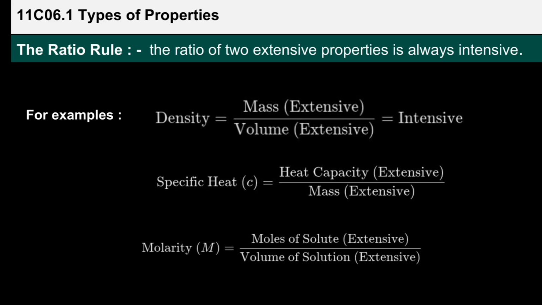Specific heat capacity is equal to heat capacity upon mass, where specific heat capacity is intensive and heat capacity and mass are extensive. And third example, molarity. Molarity is equal to moles of solute upon volume of solution, where molarity is intensive and moles of solute and volume are extensive.